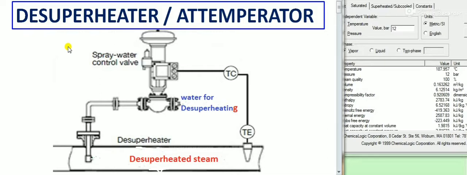Indirect type reduces the temperature with the help of an indirect medium or source, that is, with ambient air, heat exchangers, or a cooling medium, we indirectly exchange the heat and reduce the temperature of the superheated steam. More practical, viable, and easily handled, and widely used, is the direct method.